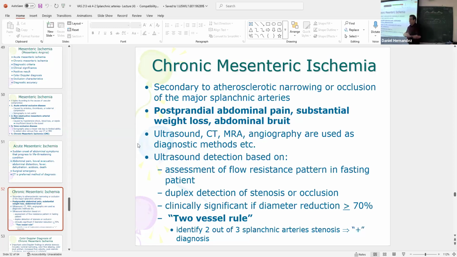And then we can potentially hear abdominal bruits. When their doctors auscultate, listening to the abdomen, they can potentially hear those stenotic lesions. So those are the three things we look for, or signs of a patient who potentially has chronic mesenteric ischemia: postprandial abdominal pain, pain after eating, substantial weight loss, and potential abdominal bruit.